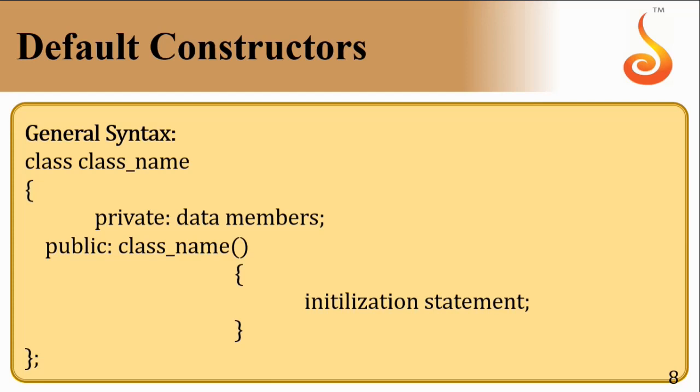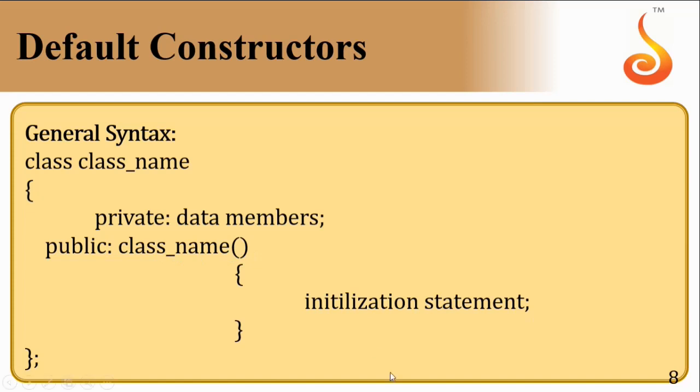The next is default constructors. This is the general syntax of a default constructor. You have class and then the class name. In the private section, you have data members. In the public section, the constructor has to be written in the public section only. The name of the constructor is the class name. There is no return type to the constructor and no arguments, but since it is a function, you have to use open and close brackets.